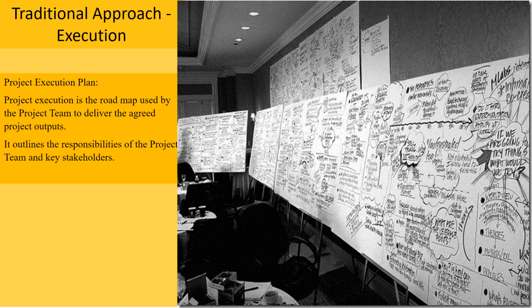So after we've looked at the risk and we've done the planning, the next stage within the management planning process is going to be the execution, carrying it out, actually doing all these tasks. So, the project execution plan is the roadmap used by the project team to deliver the agreed project outputs. It outlines the responsibilities of the project team and key stakeholders.